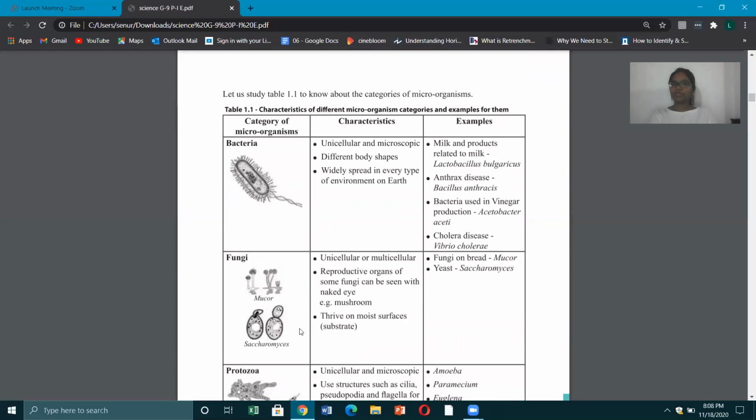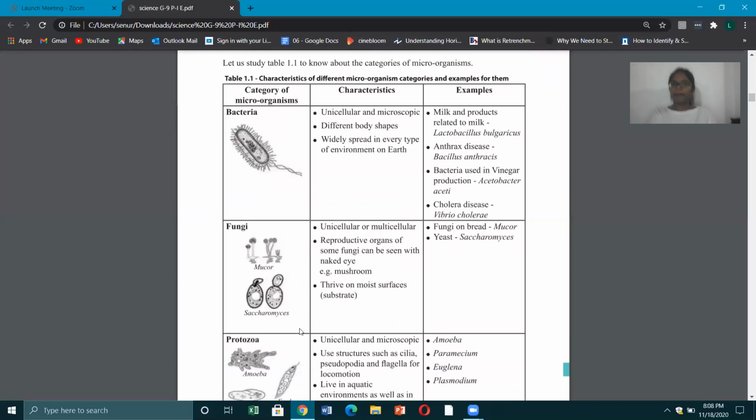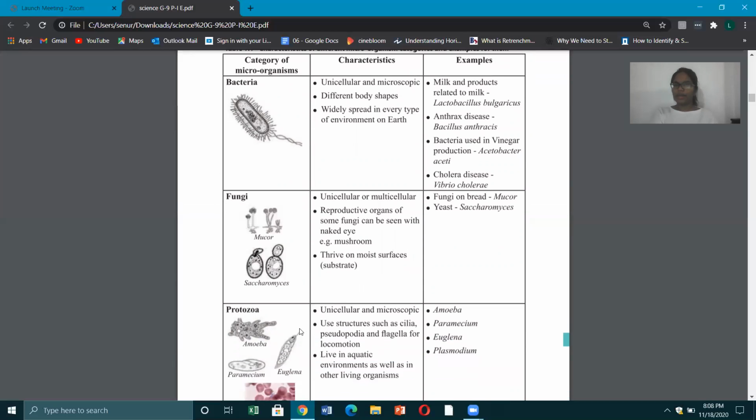Now this is the table which shows the characteristics and some examples of the microorganism types. Let's move on to bacteria, which is very famous, and a lot of people know who bacteria are. Characteristics, children: they are unicellular and microscopic. What do you mean by microscopic? You can see them with the use of a microscope, and they are unicellular.